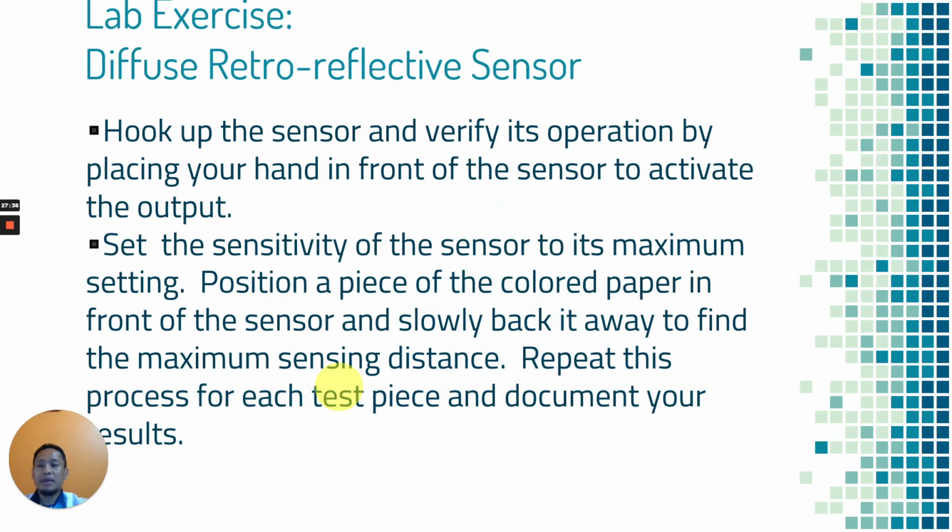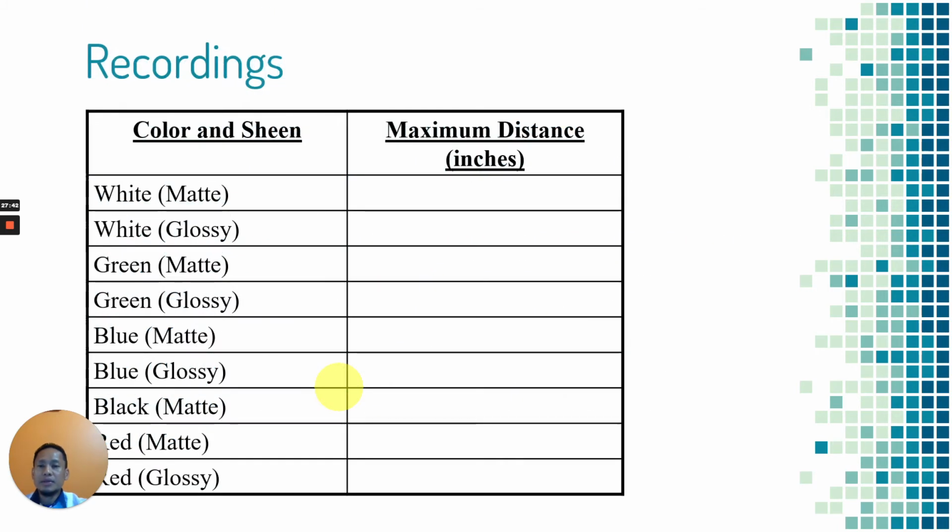Again, this is the lab exercise for the diffuse retroreflective sensor. In the lab activity, you may sense the distance for different materials and different shininess of color: white, matte and glossy.